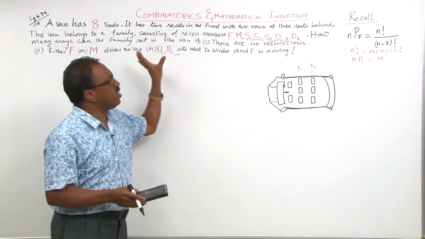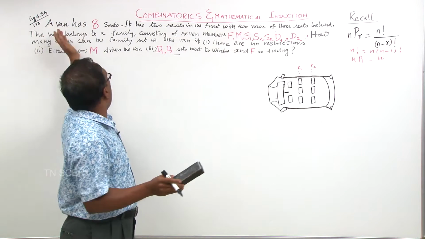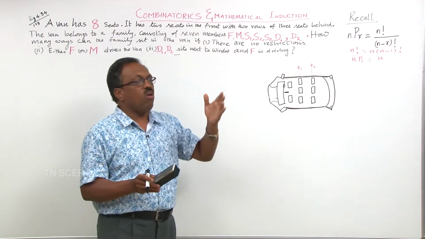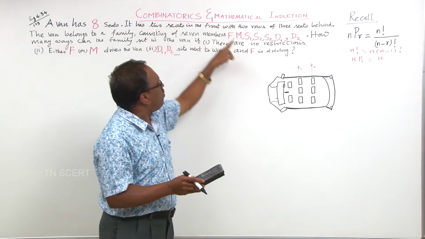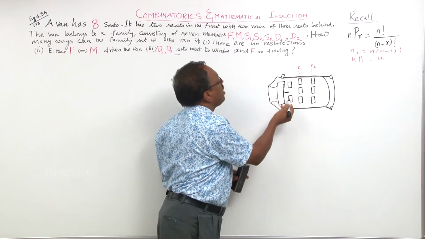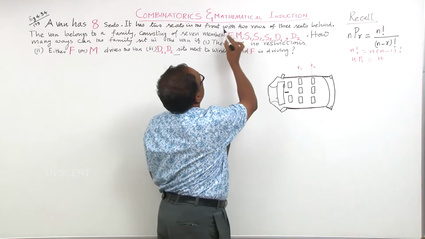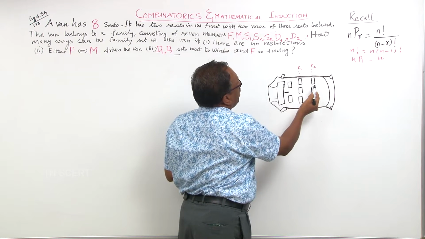Now for this particular problem, example 4.34: a van has 8 seats. The van has 2 seats in the front, and 2 rows of 3 seats behind.